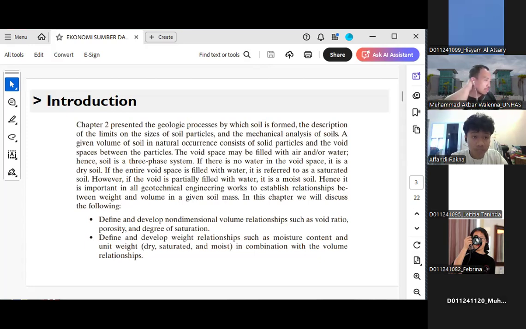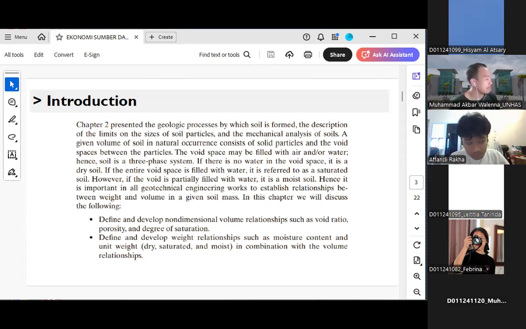Okay, so as civil engineers or geotechnical engineers, why is this concept important? Because the amount of water and the amount of air that exist in soil are going to affect the behavior of soil.